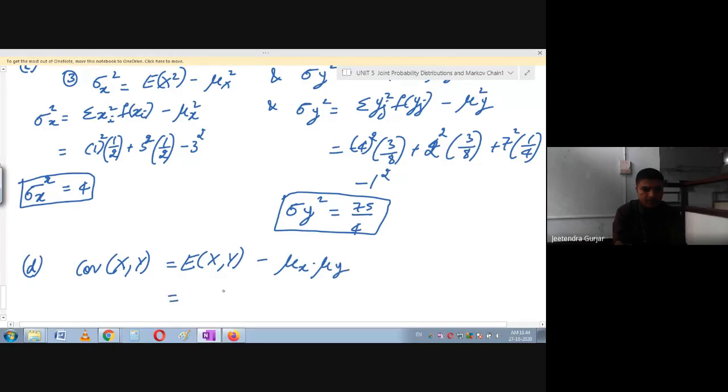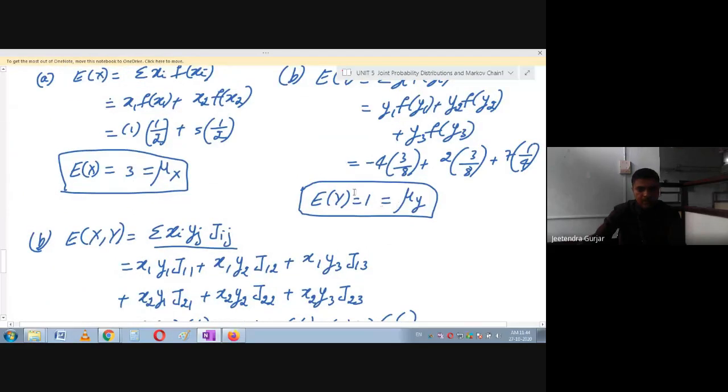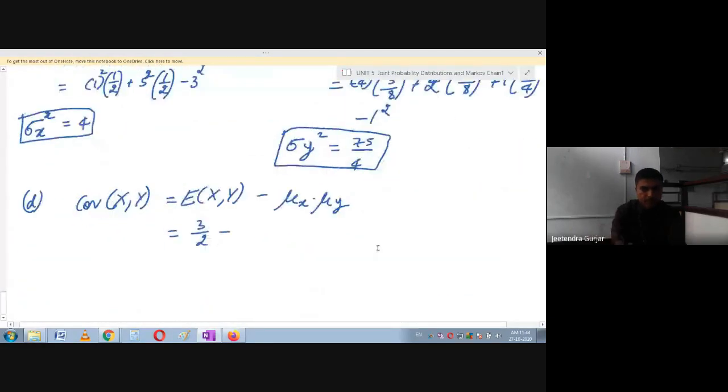So already you have seen expectation of xy is 33 divided by 2 minus mu of x. What is that? Mean of x. It is 3 and 1. Okay, so just substitute here 3 and 1. So please calculate this value. I think this is 3 minus 6. Yes, it is minus 3 by 2 is the correct answer. So this is what we get, covariance, friend.